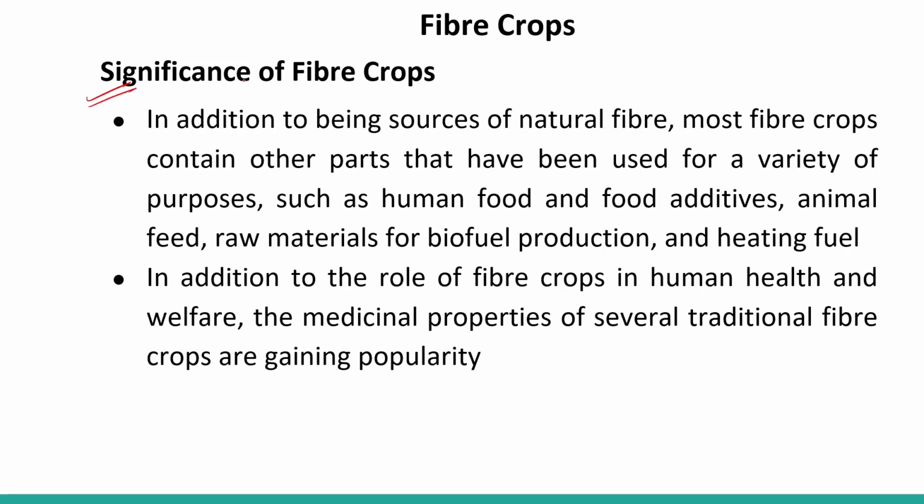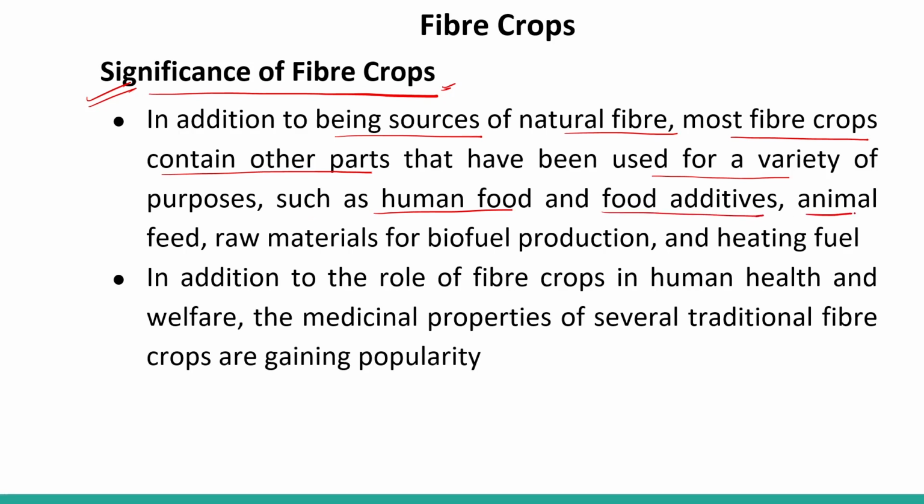Okay, now let us talk about the significance of the fiber crops. Why are we using these fibers? In addition to being a source of natural fiber, most fiber crops contain other parts that have been used for a variety of purposes such as human food, food additives, animal feed, raw materials for biofuel production, and heating fuel.